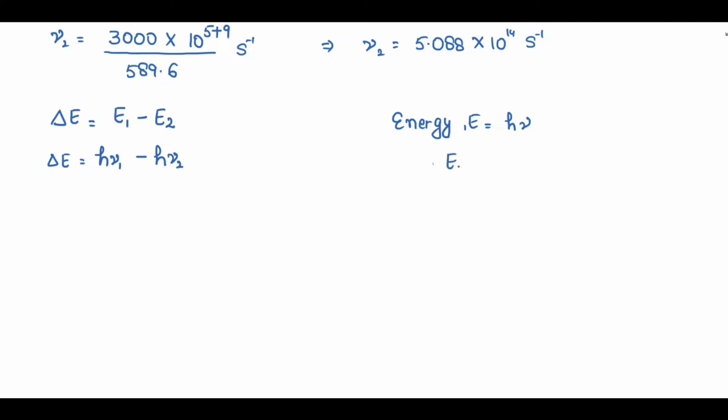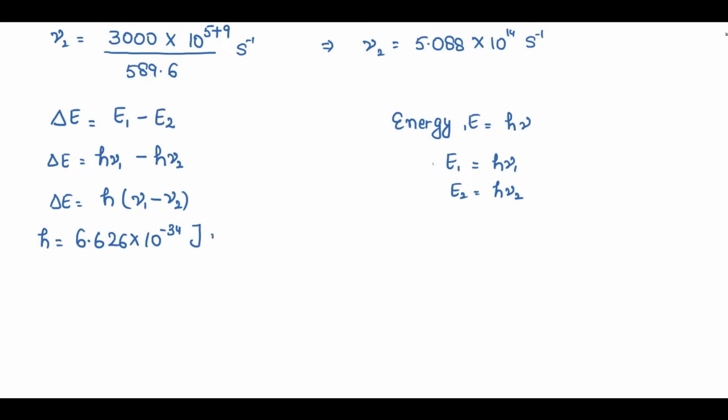So you can do it in rough. E1 will be H nu 1 and E2 will be H nu 2. Now I'll take H common, right? So H will be common over here and in bracket I can write nu 1 minus nu 2. Now H is Planck's constant and its value is 6.626 into 10 raised to power minus 34 joule second.